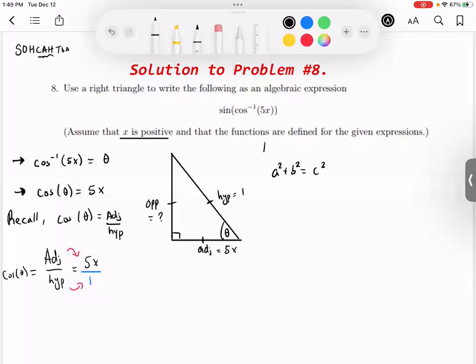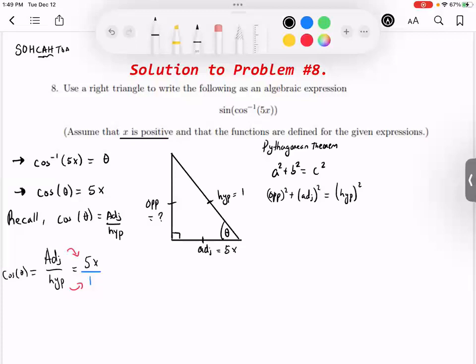It's called the Pythagorean theorem. It means that the two non-hypotenuse sides, like for example the opposite squared plus the adjacent squared, is equal to the hypotenuse squared.